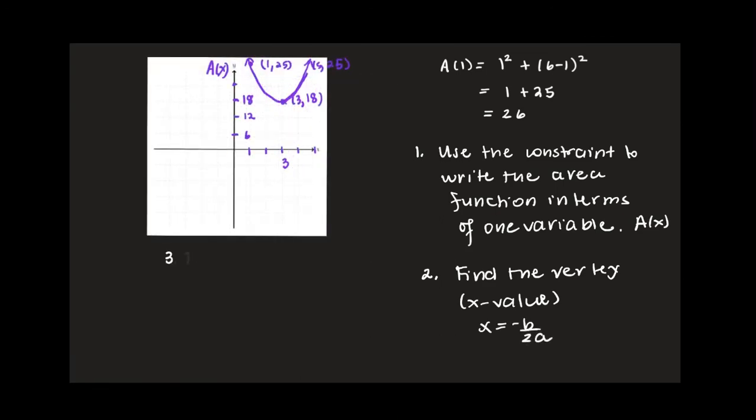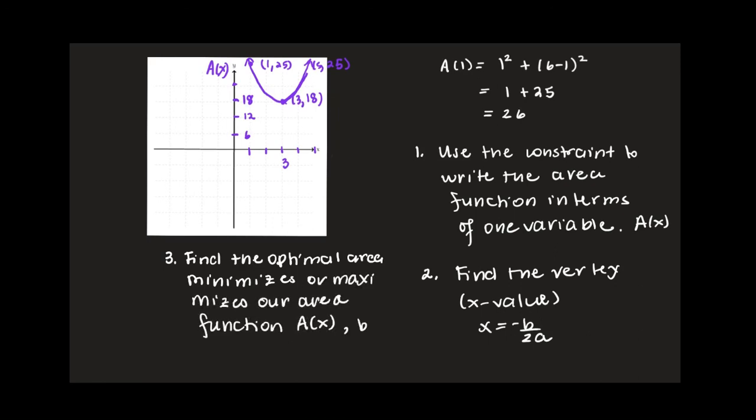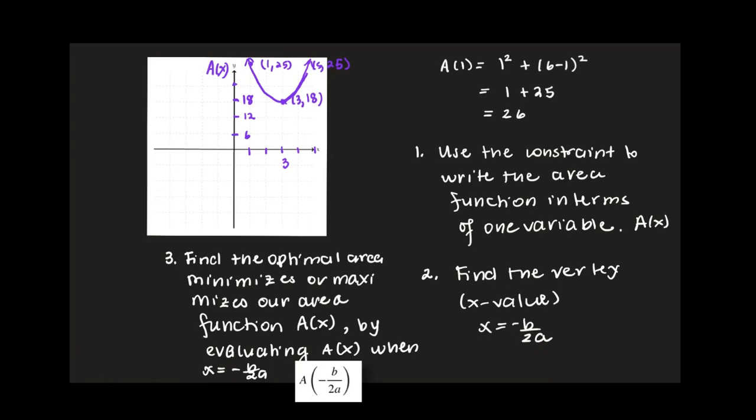For step 3, we're going to find the optimal area. That is the area that either minimizes or maximizes our area function by evaluating A of x when x is equal to the opposite of b over 2a, or finding A of the opposite of b over 2a.